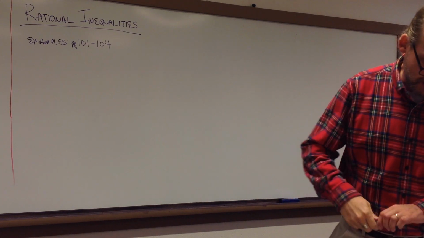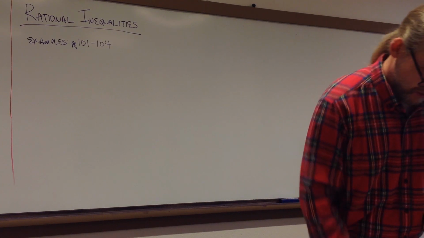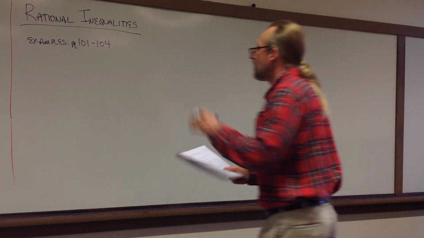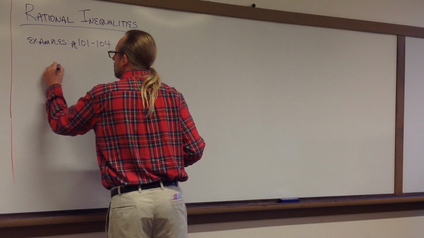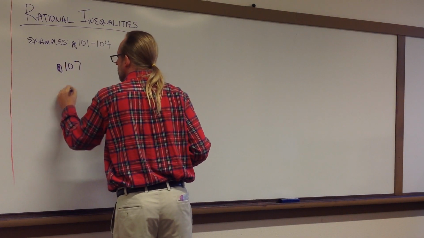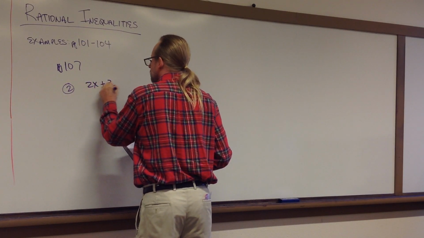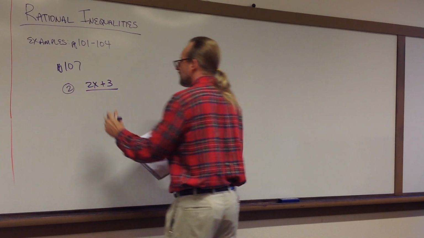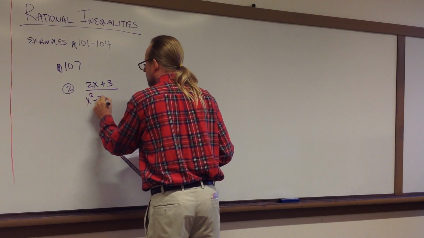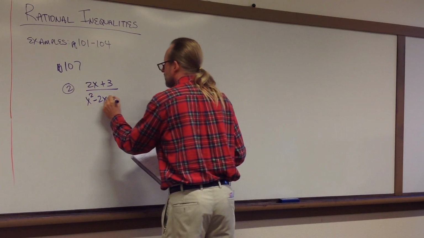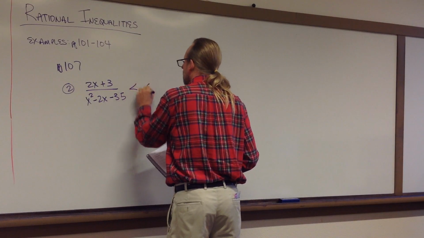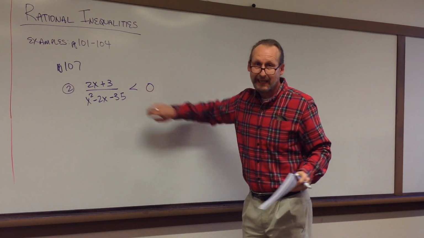Okay, so we'll start with problem 2. On page 107, problem 2 says (2x plus 3) over (x squared minus 2x minus 35), and we want to know where is that less than 0.